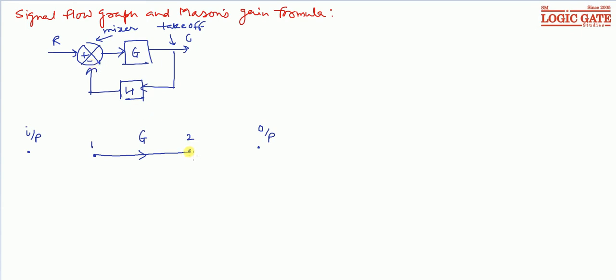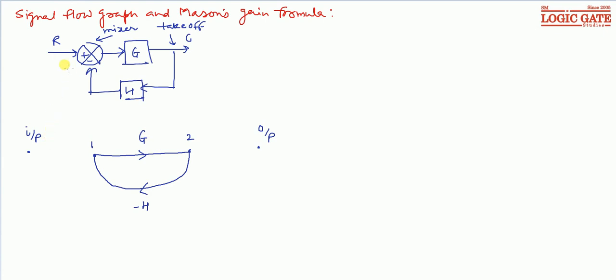So direction of signal is from node 2 to node 1, and the gain is minus H, because this H is going into the minus of the mixer. That's why its gain is minus H.